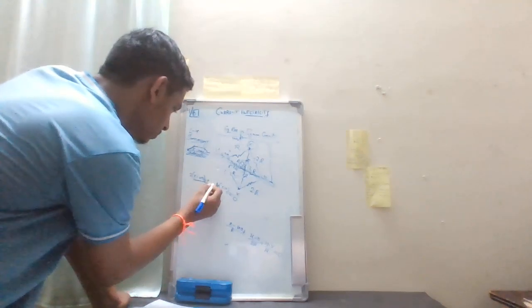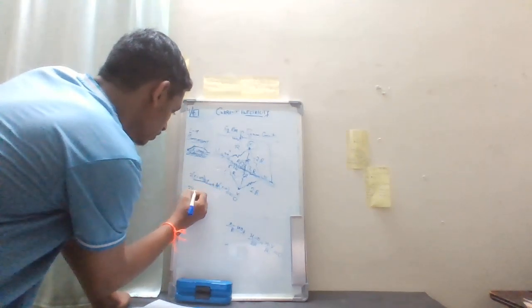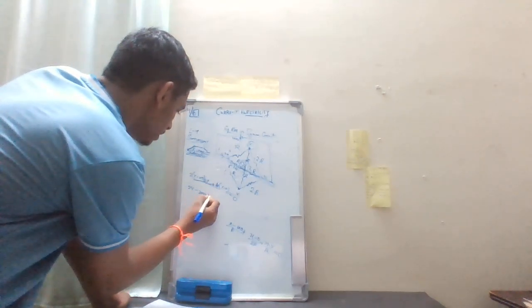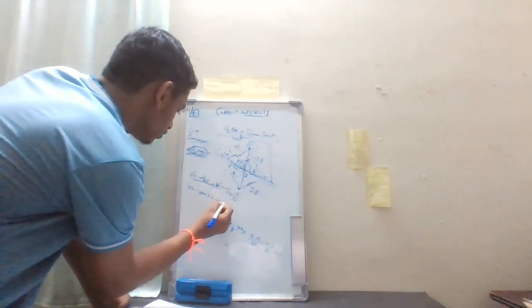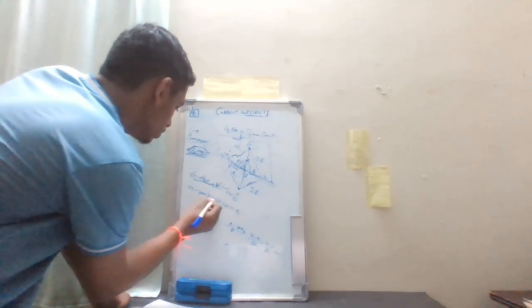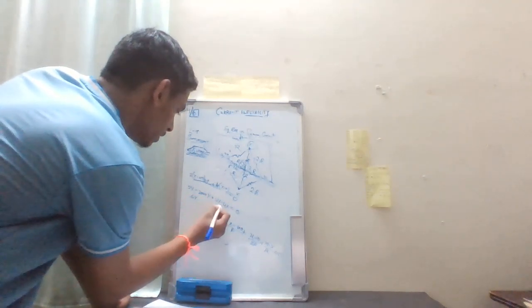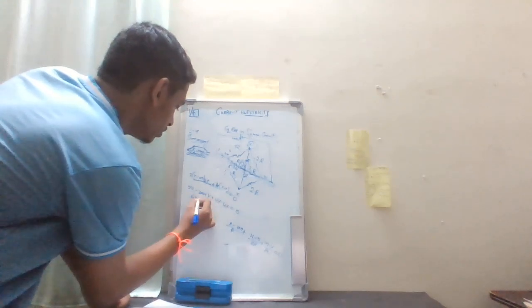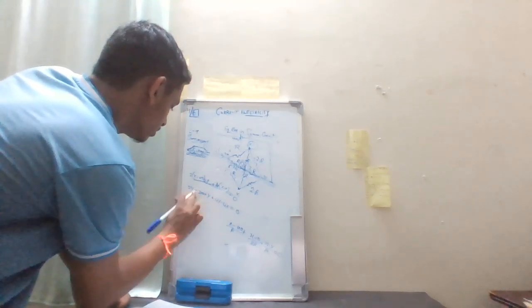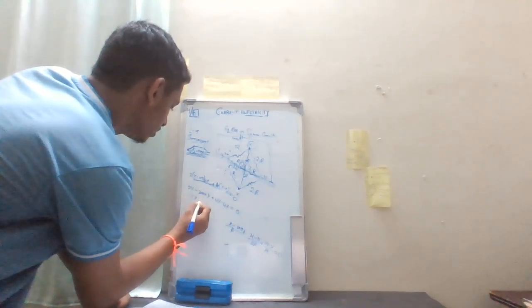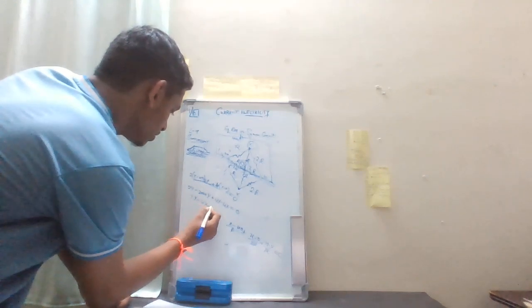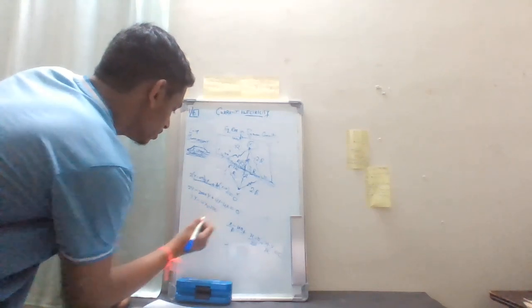So that would be Y plus 2Y minus 200 plus Y plus 4Y minus 4X equal to 0. 7Y minus 4X minus 200 equal to 0.